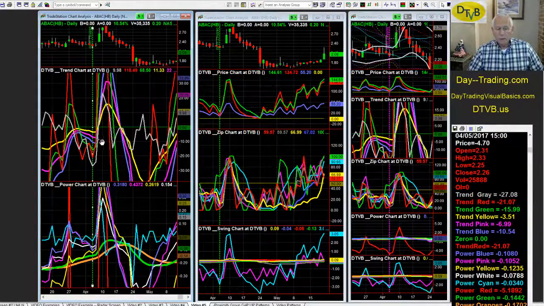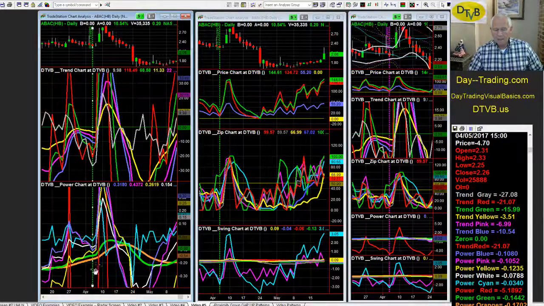Now, we don't have a down touch in the trend chart, so technically that does not let us qualify it as a gap up with proper conditions, or what we identify as proper conditions. However, as we know that the trend gray is down, we know that the proximity group qualifies, even though it's low.